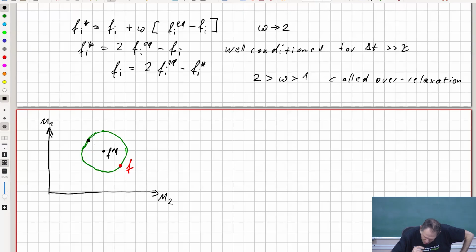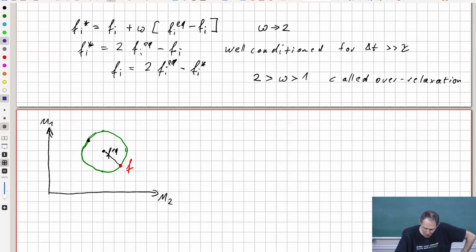So this is one interpretation. The other interpretation is that this omega, so this line here is obviously the distance between the equilibrium and the distribution, and omega is the fraction of this distance that we are using to compute our post-collision state.